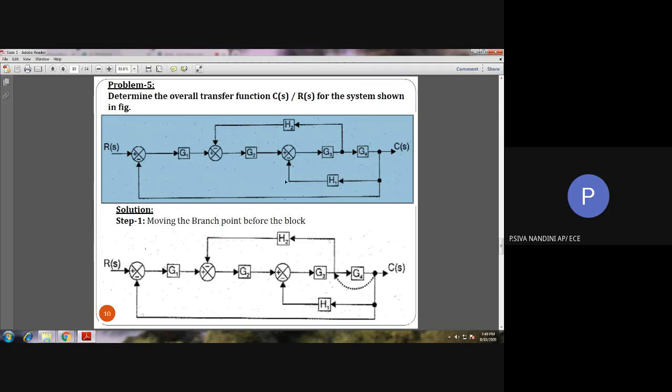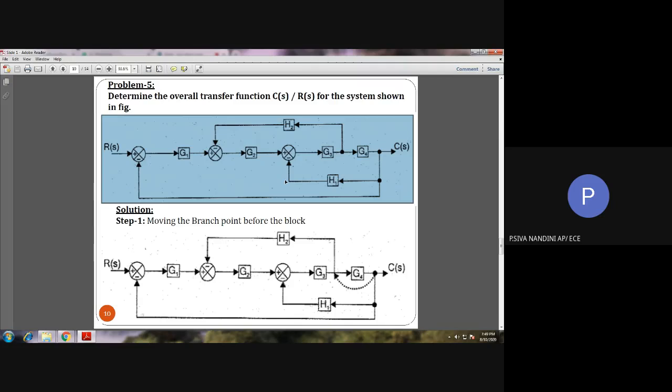Okay. Here we shall search whether there is any series block, no series blocks, whether there is any parallel block, no parallel block, whether there is any feedback, no feedback loop also, whether there is any possibility of combining or splitting the summing point, no such thing, whether there is any possibility of moving the summing point after a block or before a block, no such thing also.